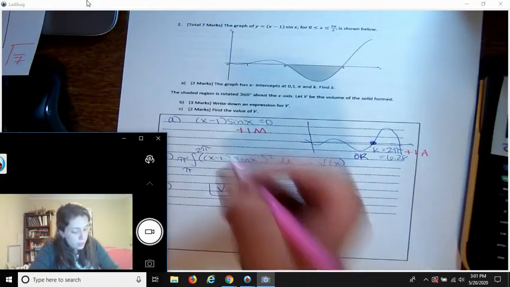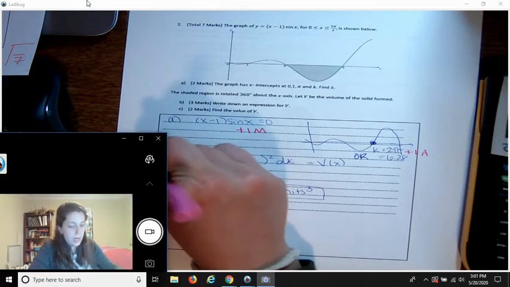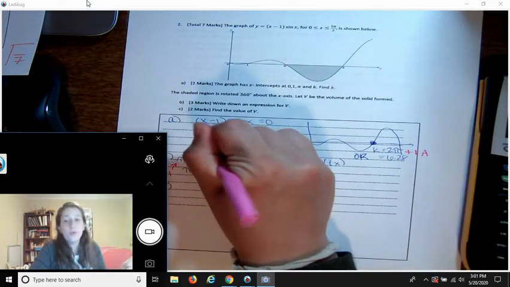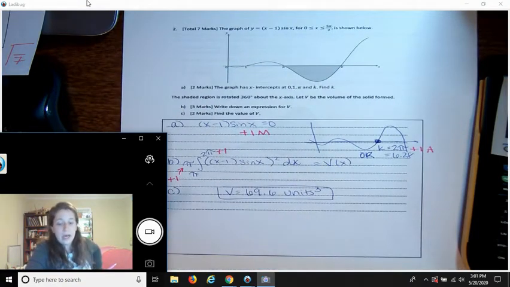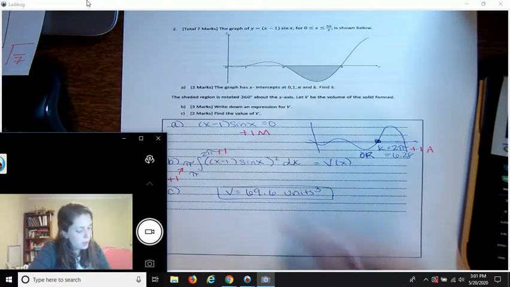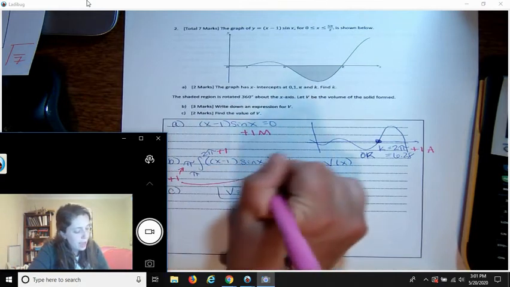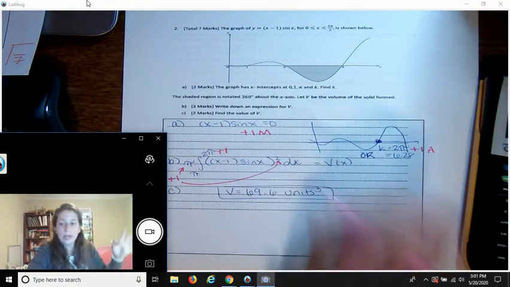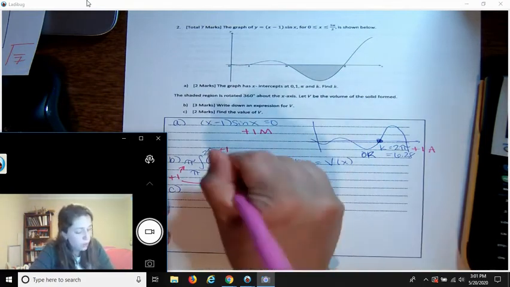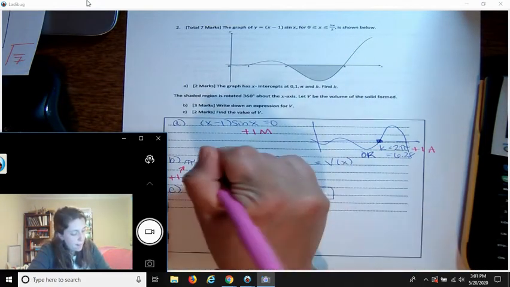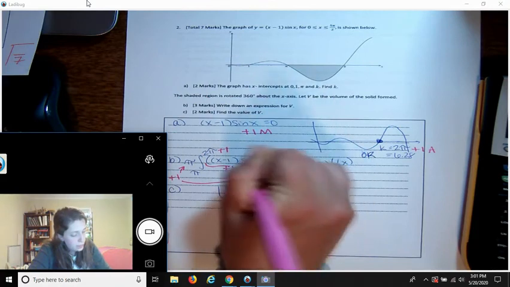Okay, so here you get +1 for the pi, +1 for both limits of integration. If you only got one correct, give yourself half. The pi and the square have to both be there to get that point. And then +1 also for the inside of this stuff.